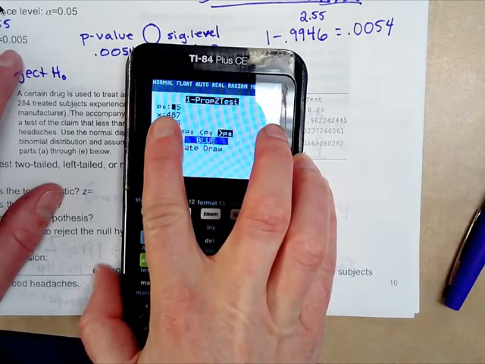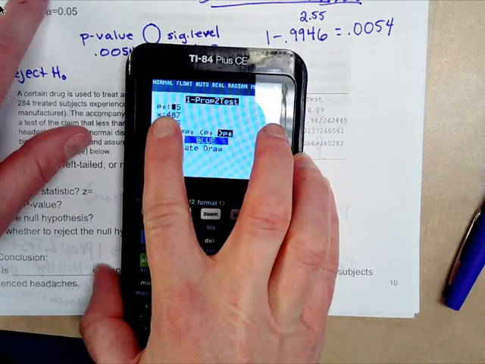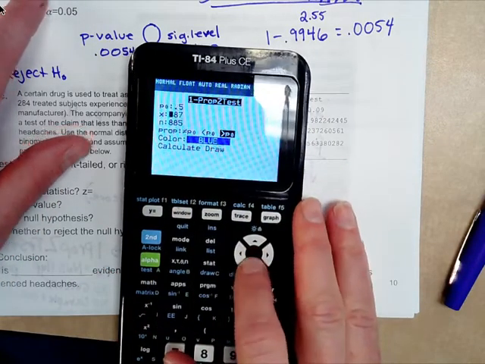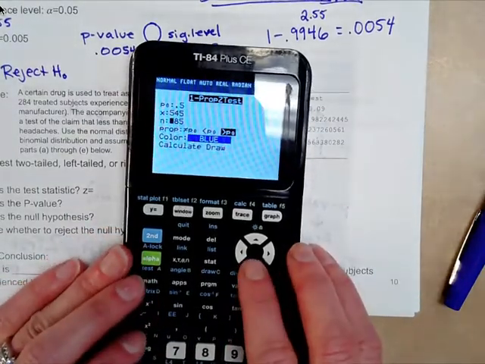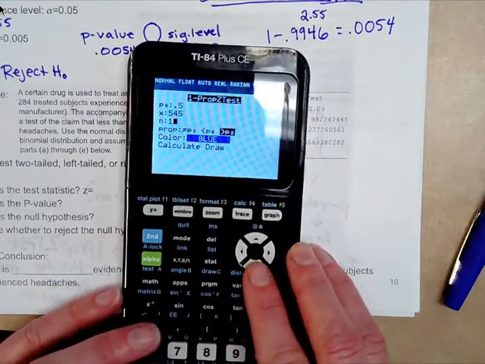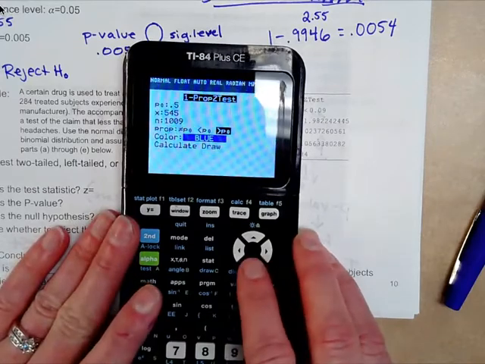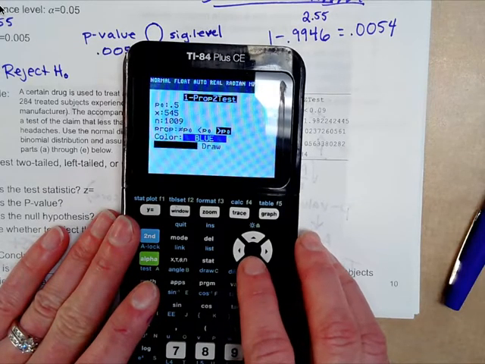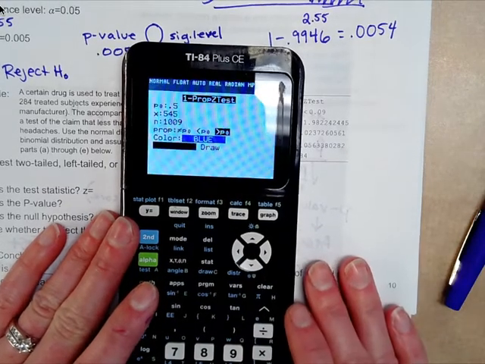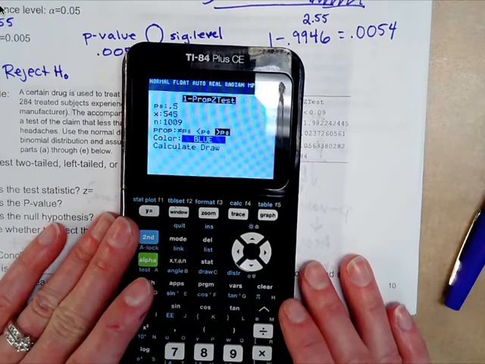P naught is from our null hypothesis, so 0.5. X is 545, sorry, and 1009 is for N, and we want it to be greater than. Calculate.